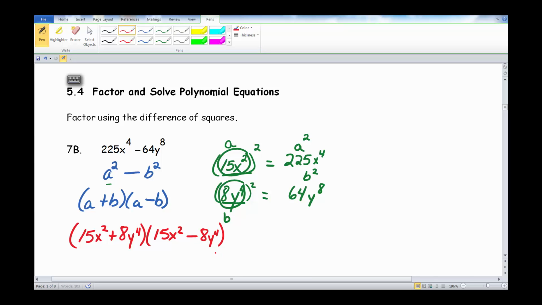And we would, of course, always ask ourselves, can we break these down even more? For this particular factoring problem, unfortunately, we cannot. So this would be as much as we could possibly break this one down.